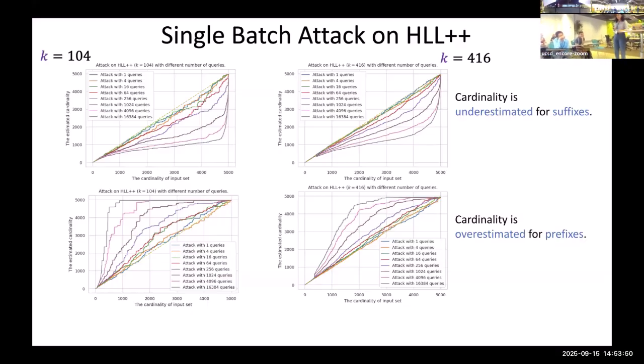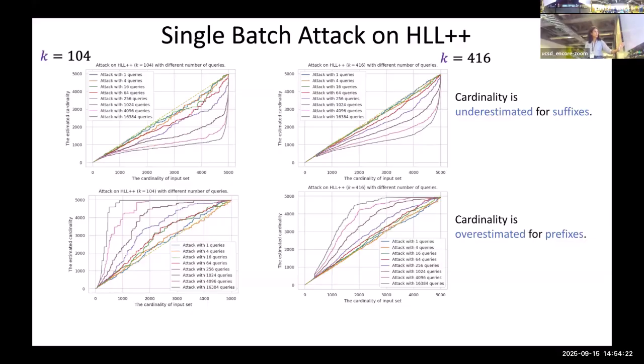So this means that, let's say I have 256 queries. I will send 256 queries, then I will calculate my scores. Then I do the ordering by my scores, and then I have an order on these 5,000 items. Then if I start from here and look at all these sets and at the estimate of them, for example, this 256 plot.